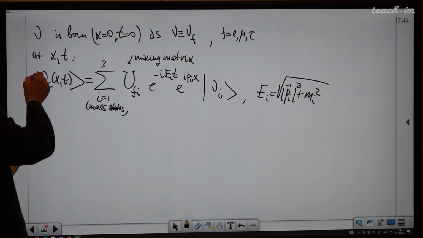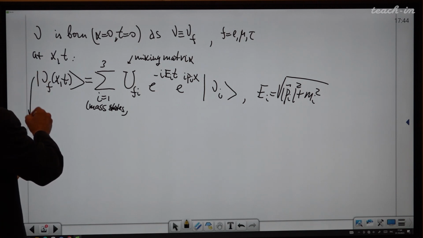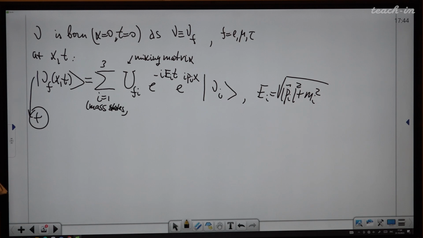In addition to this, we also can observe that each mass state is a superposition of flavor states, because the mass states are mixed states, and also the flavor states are mixed states.